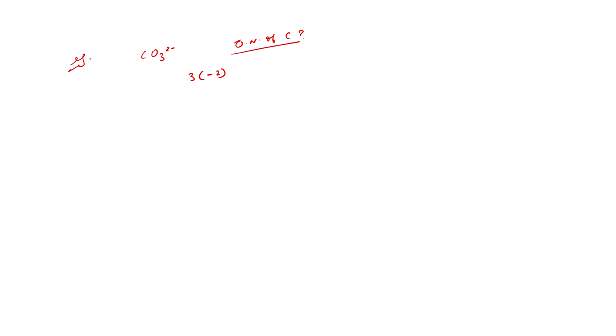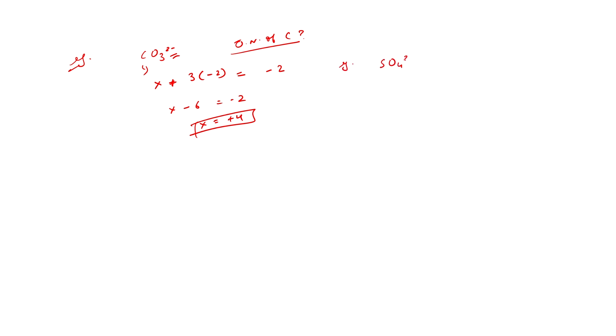Let us suppose carbon has an oxidation number of x. Now, the sum of both the oxidation numbers will be equal to the charge on the ion, minus 2. So you can simplify it: x minus 6 is equal to minus 2, x is equal to plus 4. That means the oxidation number of carbon in carbonate is plus 4.